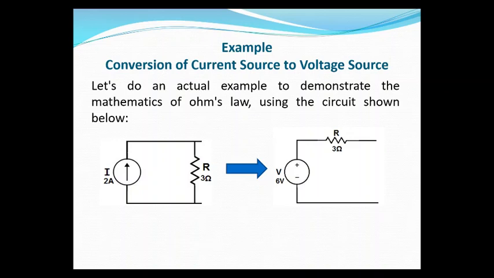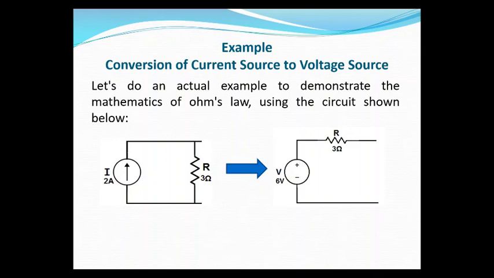So, for example, let us take an example to demonstrate the mathematics of Ohm's law. Using this circuit, here a 2 amp current source is in parallel with 3 ohms. Now we want to transform this current source into a voltage source. So how much is it? The voltage V is equal to I into R. So here V is equal to 2 into 3, that is 6 volts in series with a 3 ohm resistor.